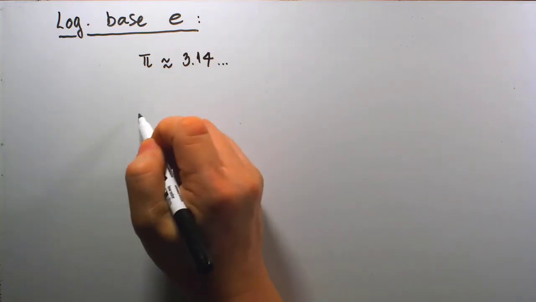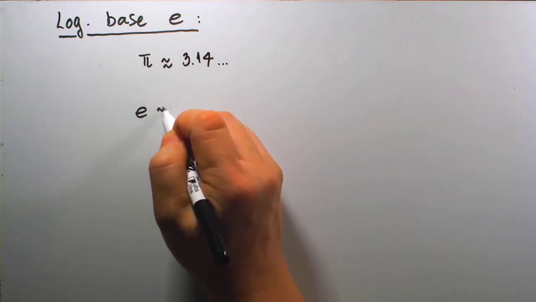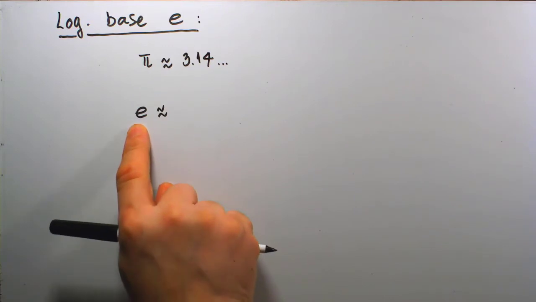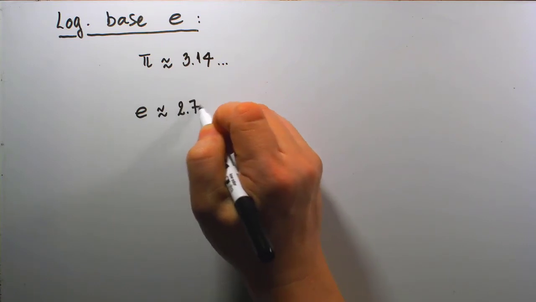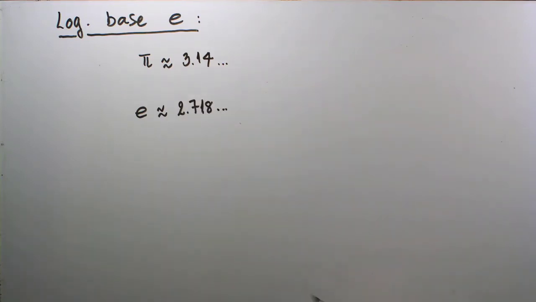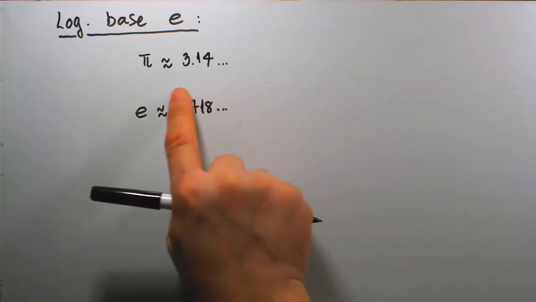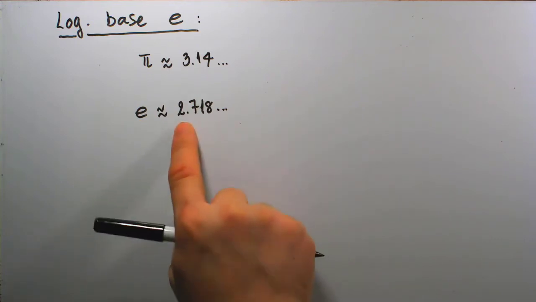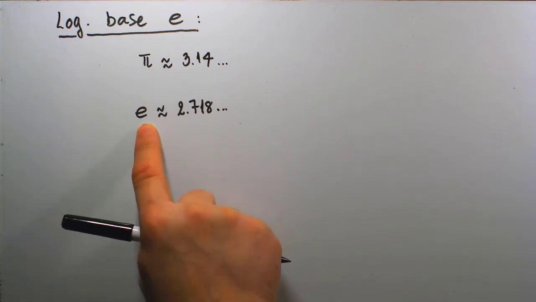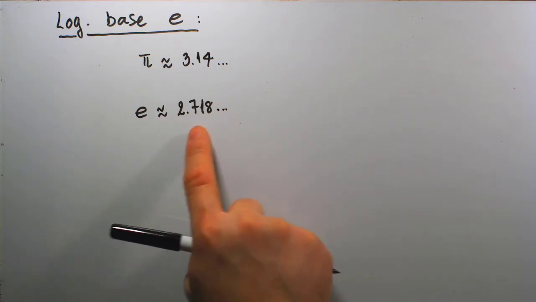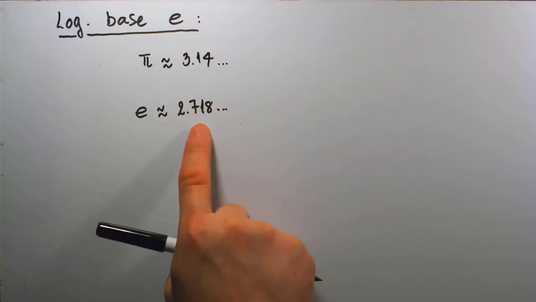In modern math, there's another constant similar to pi, which I'm now bringing up, named e, and its value is 2.718 and a lot longer. In some other video lessons I also showed the calculator trick to get the lengthy decimal expression of e, but usually we can just keep in mind that e is approximately 2.718.